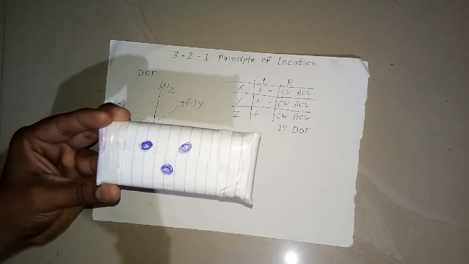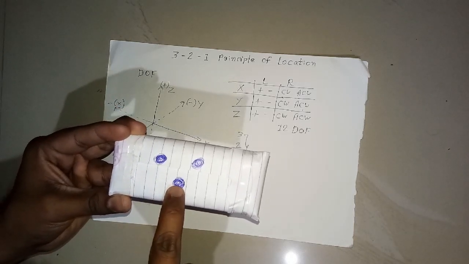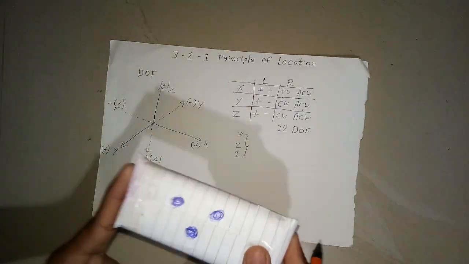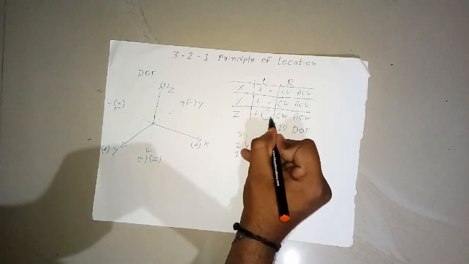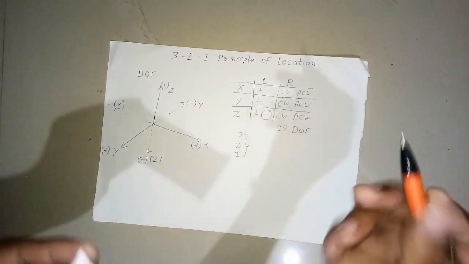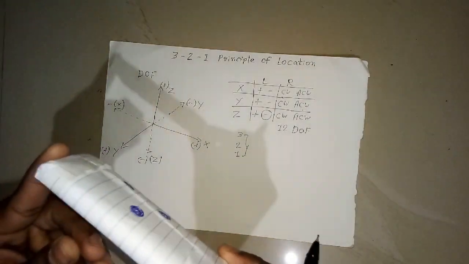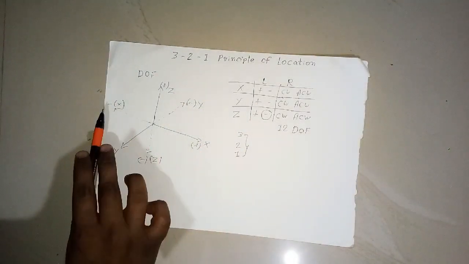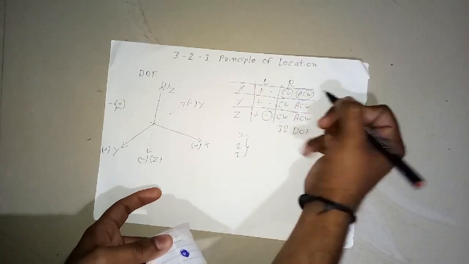So now what is happening, these three pins restrict some motion. First, your object does not move in the downward direction, that means negative z direction. Your object does not move like this, clockwise, anti-clockwise about the x-axis.